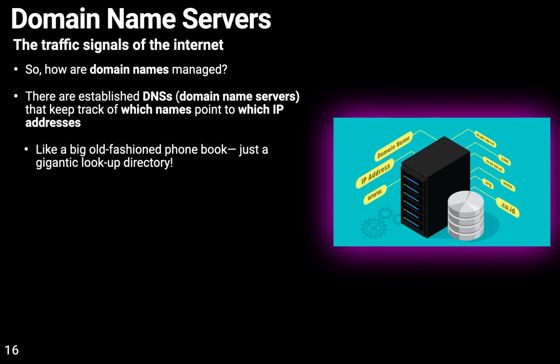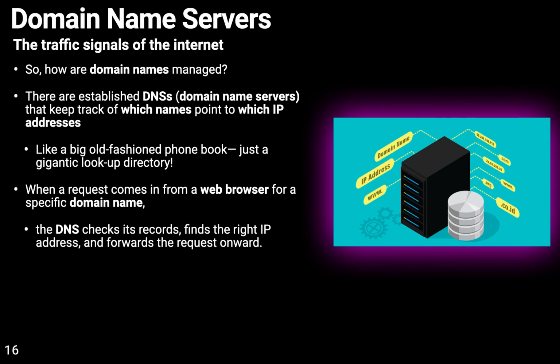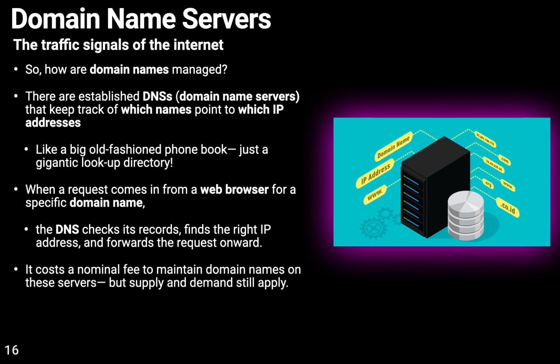So it's basically a gigantic phone book, right? It's a huge directory of, here's a name, and here is the IP address that name points to. Cool. So when a request comes in from a web browser for a specific domain name, the DNS says, okay, let me go look for that. Okay, here's the actual IP address. So I'm going to send your request onward.